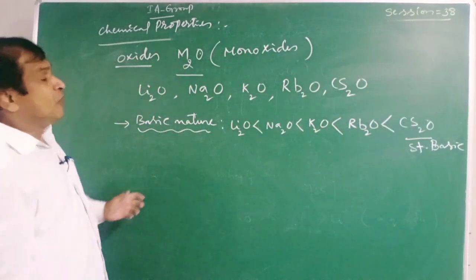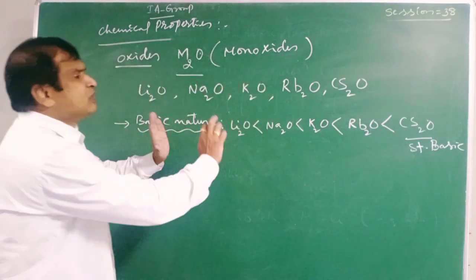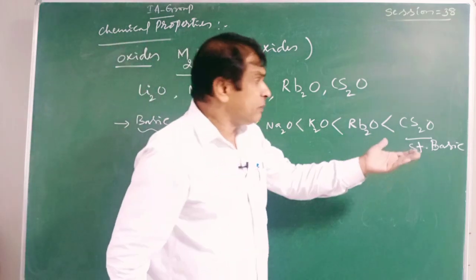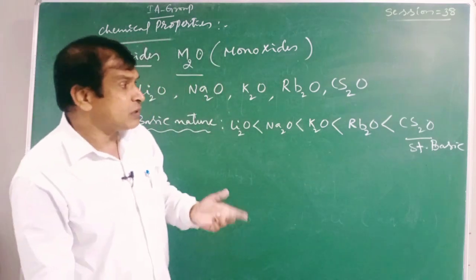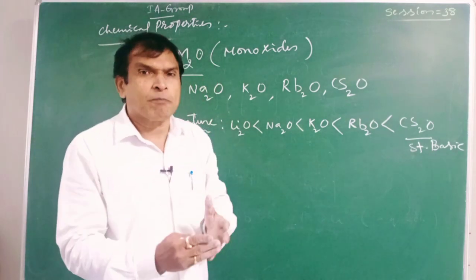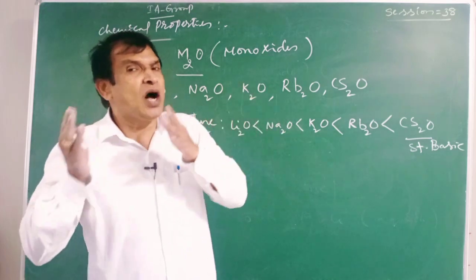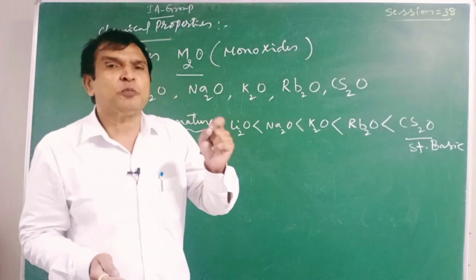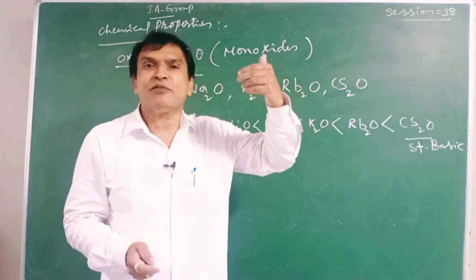Okay, when cesium oxide is strongly basic in nature, what is the solubility of these oxides? The solubility of the oxides also increases from top to bottom because it is strongly basic. What is the meaning of strong? It means they possess a high degree of ionization, or high degree of dissociation.